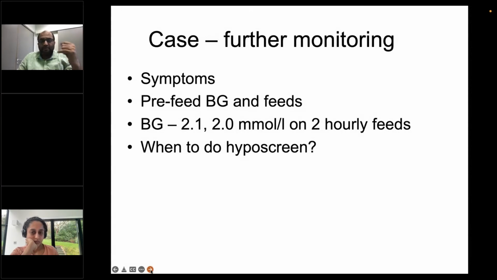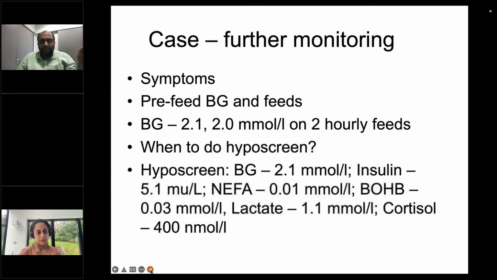So this goes to our earlier question, of when do you do a hypo screen? If they're more than 48 hours, ideally it would be good to do it after 48 hours of life. But if you've taken any samples when they're hypoglycemic, then it's always important to think about how you interpret those results.